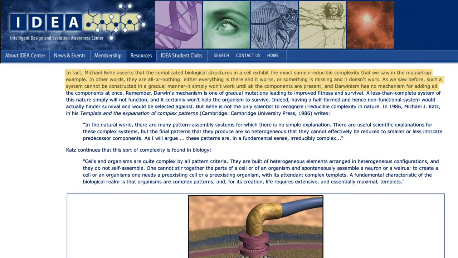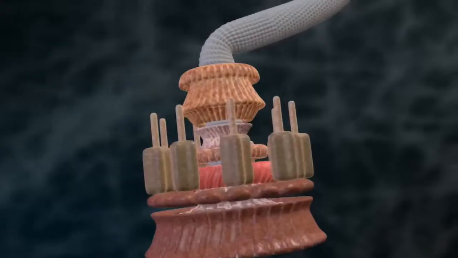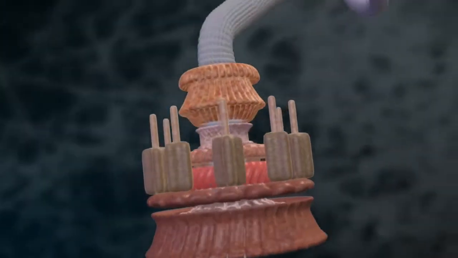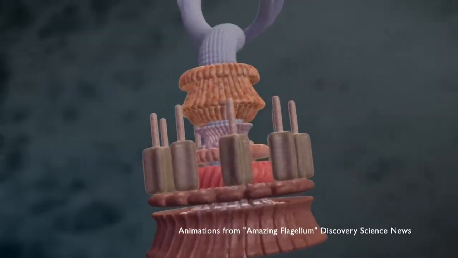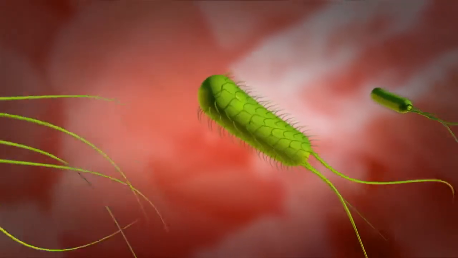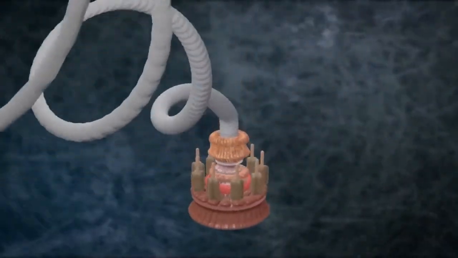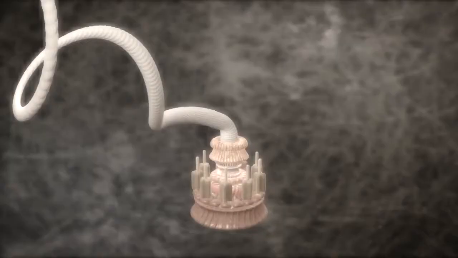It simply won't work until all the components are present, and Darwinism has no mechanism for adding all the components at once. As noted previously, there are over 40 different protein parts which must work together in harmony for this unimaginably small outboard motor to propel the bacteria. And if any of these parts were missing, the entire biological machine would lose all function.